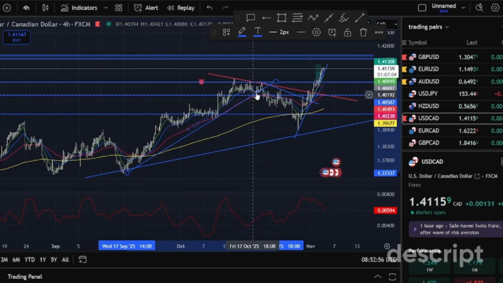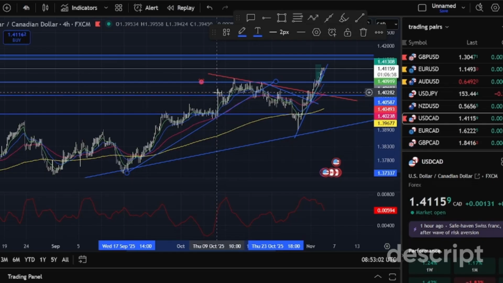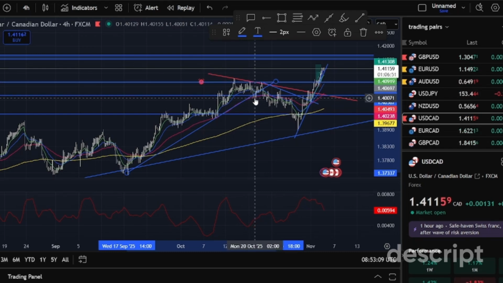We got confirmation from a trend line. We got confirmation because it was making higher highs, higher lows, higher highs, higher lows, and then we failed to break that high, and it started making lower lows, lower highs.